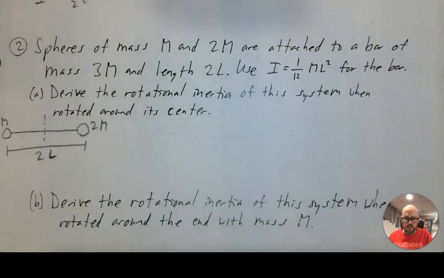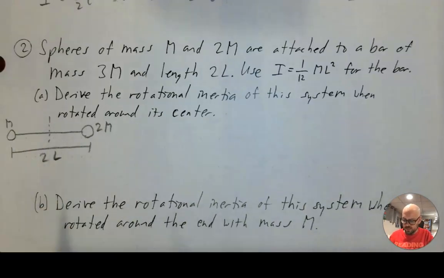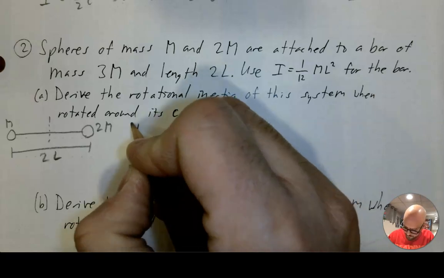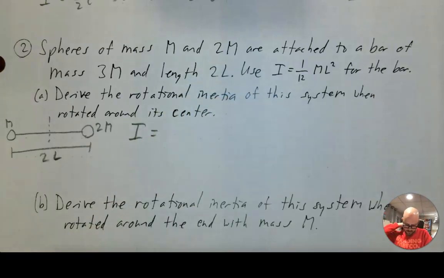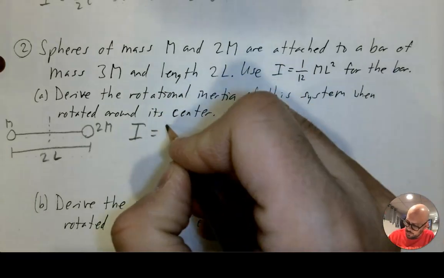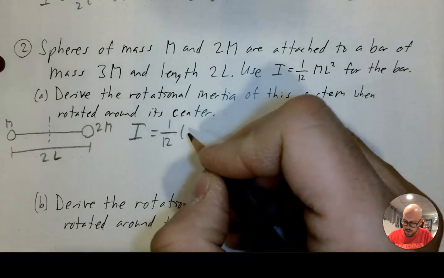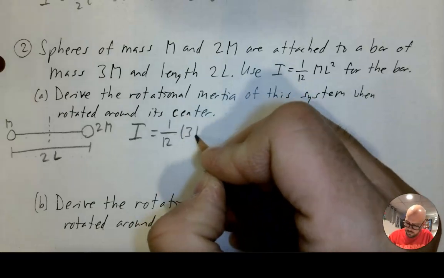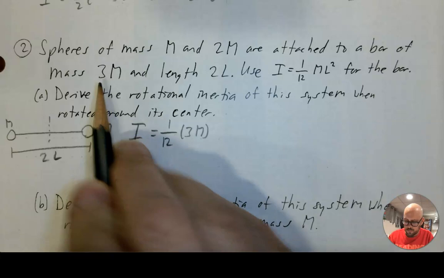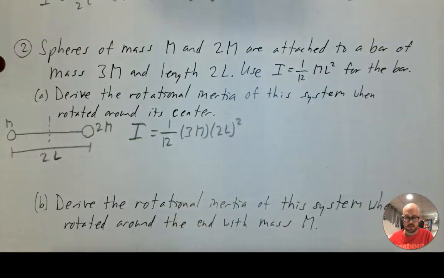So again, similarly complicated, we're going to calculate this rotational inertia. I have to do the bar and then add in the two spheres. So I'm just going to jump right to some formulas. 1/12 ml squared for the bar. So 1/12 times a mass of 3m, that's the mass of the bar, times the length of 2l, and that's going to get squared.